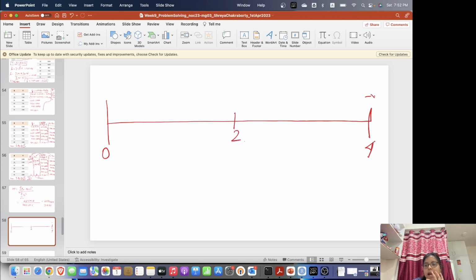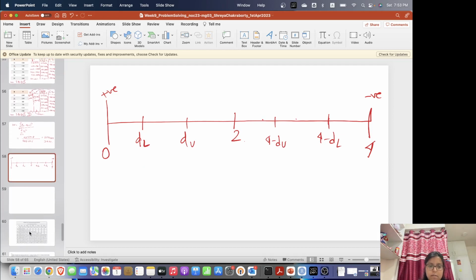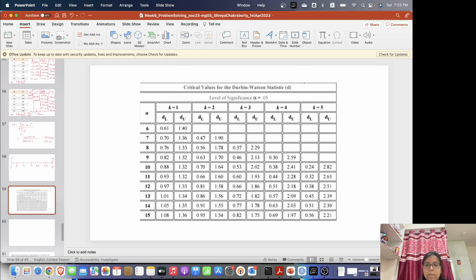This one is highly negative autocorrelation, this is highly positive autocorrelation, and somewhere here we would have dl, we would have du, here we would have 4 minus du, and here we would have 4 minus dl. So now our statistic is 2.77, so it might fall here, it might fall here. So now we are going to get the Durbin-Watson statistic table.